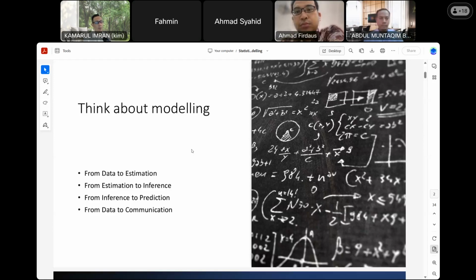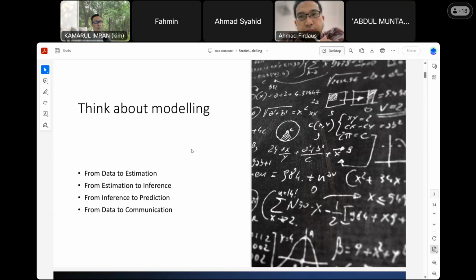And sometimes, though controversial, we can also make prediction for the probability of the outcome. For example, if we do Cox proportional hazard regression where the outcome is death, we can predict the probability of death. But again, some people say you can do that, some people say you cannot.